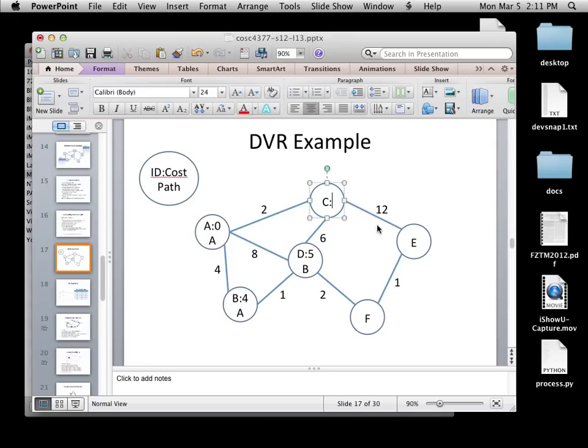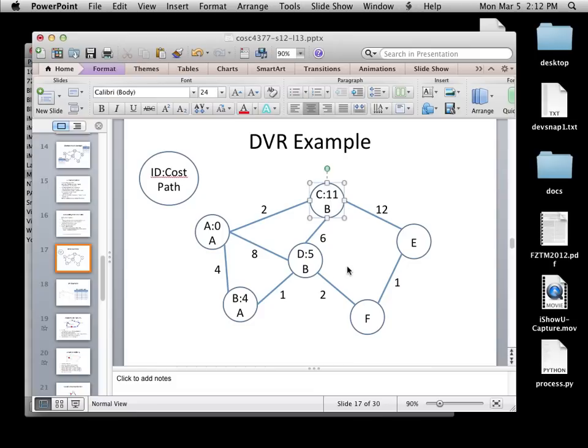Just the cost. The cost 5. And then C is going to say, okay, from D the distance is 5, and the distance to D is 6, so it's going to be 11, and path is B. And remember I said B actually received the message from A in the next round. So what is B going to do?